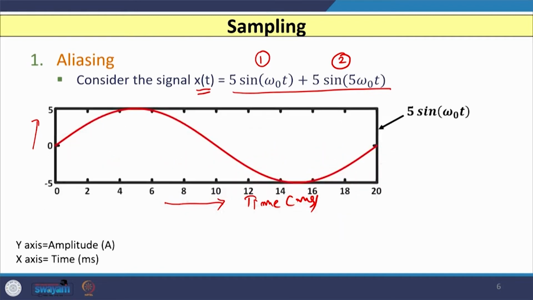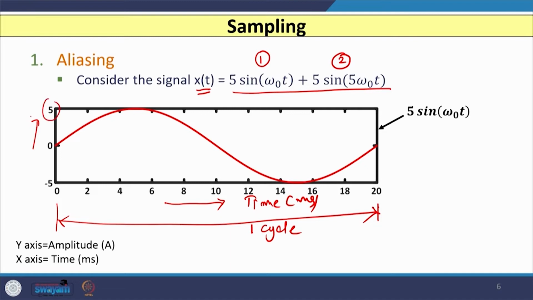Now, if I plot only the first part of this signal x(t), that is 5 sin omega 0 t, then it looks like this, and you can see that you have time on the x axis. So, in one cycle, that is 20 millisecond, it will have only one sinusoidal signal, and its amplitude is 5.